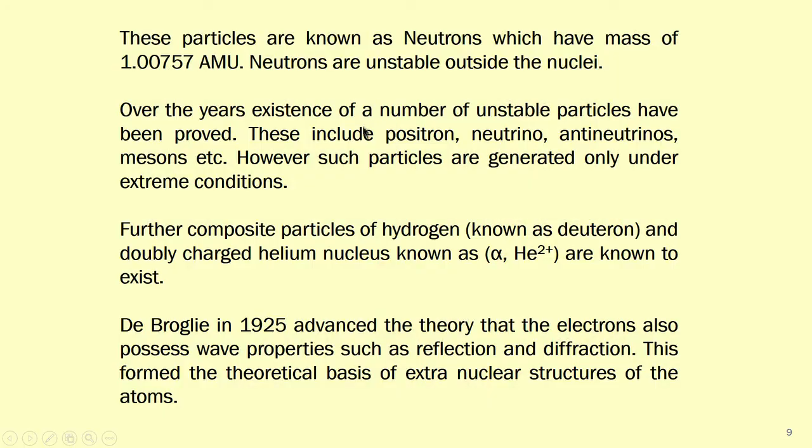All these particles are generated. These particles are known as positron, neutrino, antineutrinos, mesons, etc. And then, what are all these things doing inside an atom? So, that is a question.